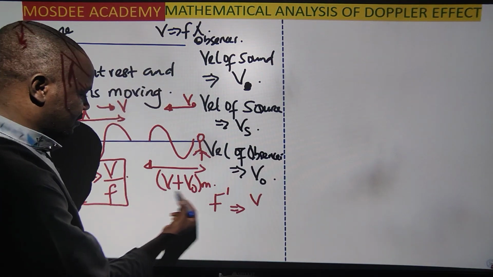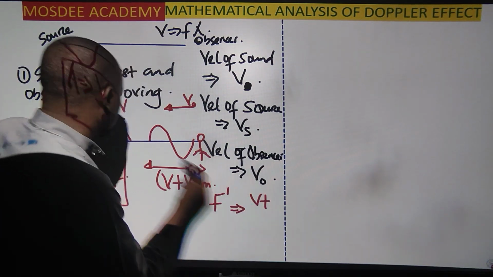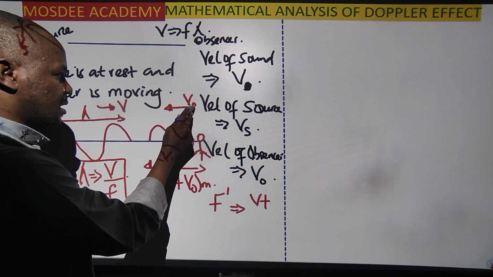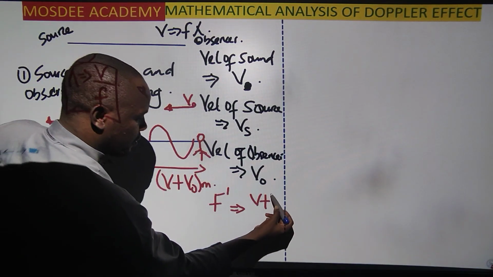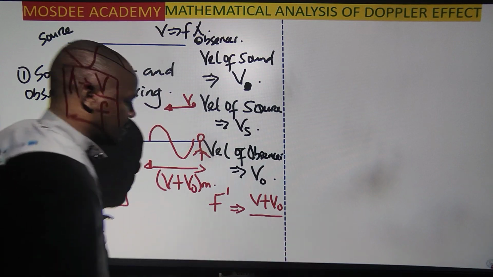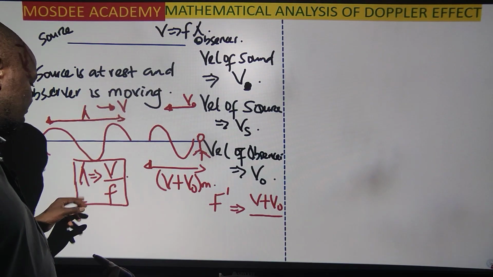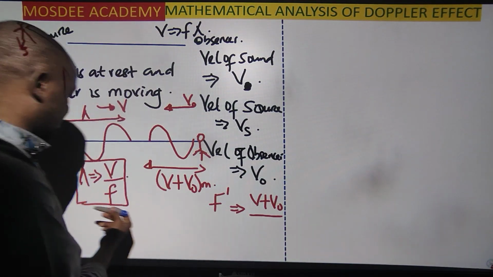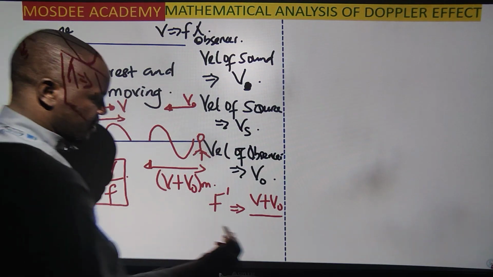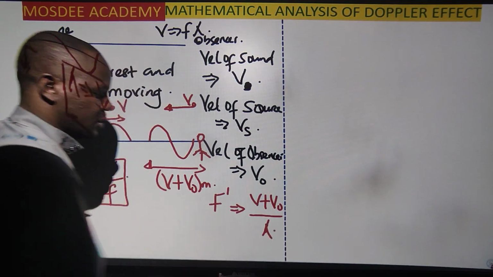Now the speed, you guys can see, is V plus the one coming from the speed of sound, and this one that is not stationary, plus V naught, divided by the wavelength, lambda. I will substitute, I just want you guys to see.